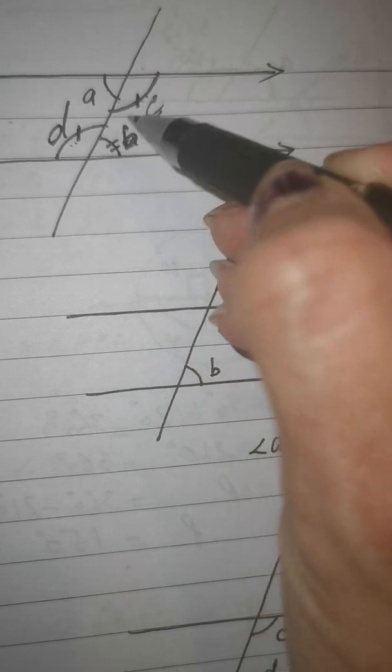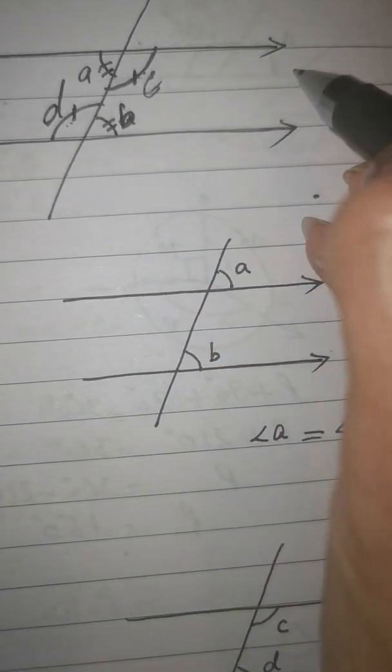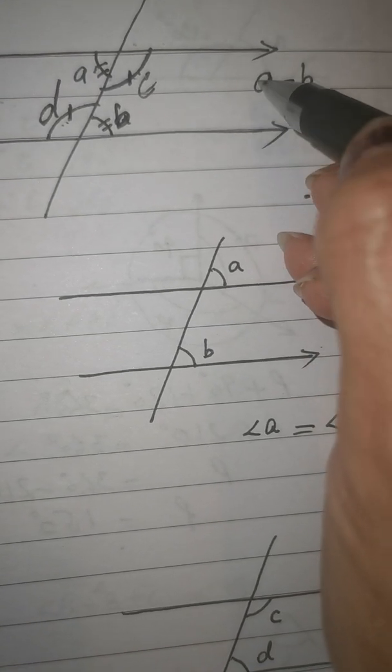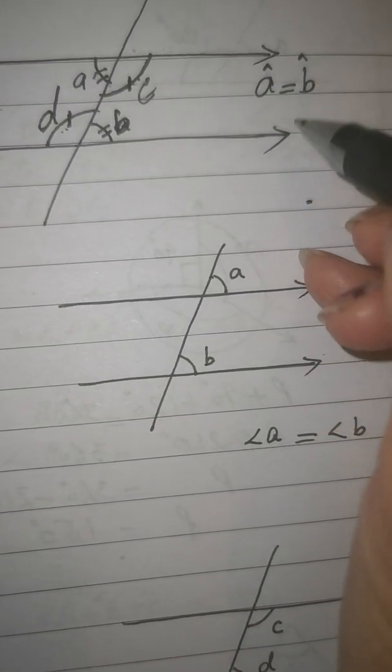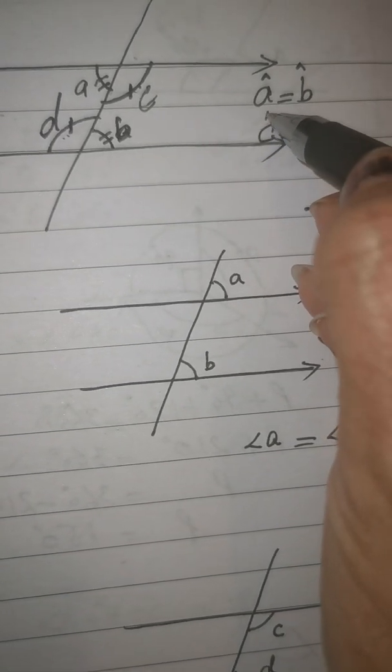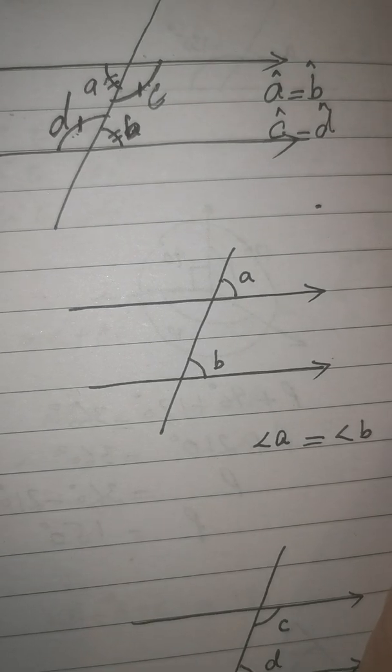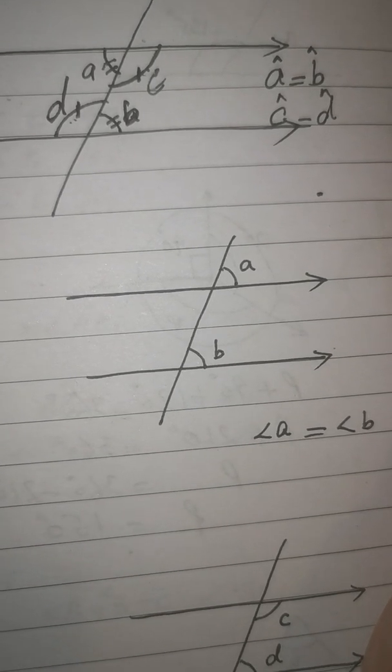And if I name this angle A and this angle B, and I cut it with two lines, this represents that angle A is equal to angle B. This is one pair of alternate angles, and angle C is equal to angle D. This is another pair of alternate angles.